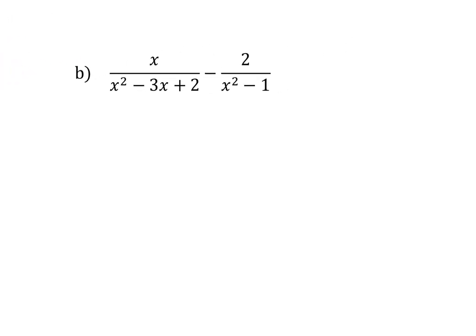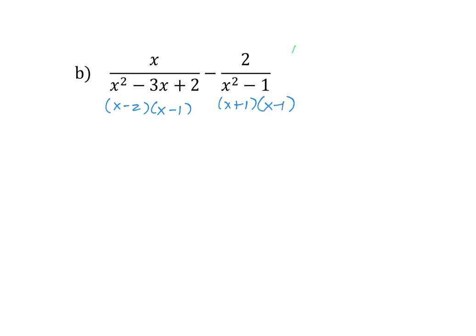Again, same thing. What's our LCD? If I factor the x squared minus 3x plus 2, it will be x minus 2, x minus 1. The x squared minus 1, a difference of squares, is x plus 1, x minus 1.